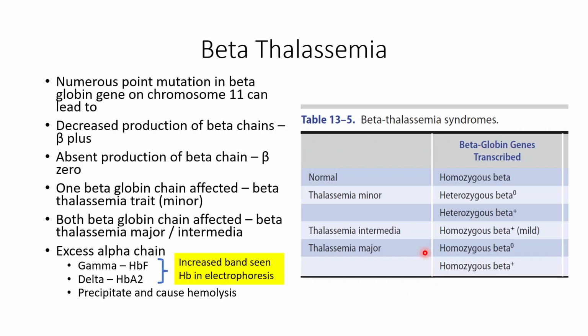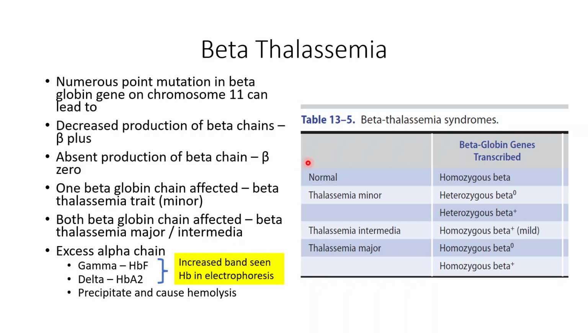If it is beta 0, there is zero production of beta globin chains. If it is beta plus, there is decreased production. Based on these two things, beta thalassemia syndromes are classified.